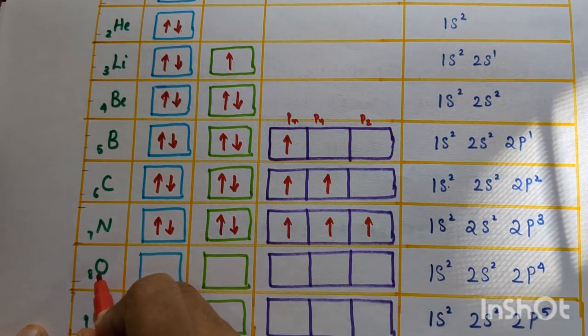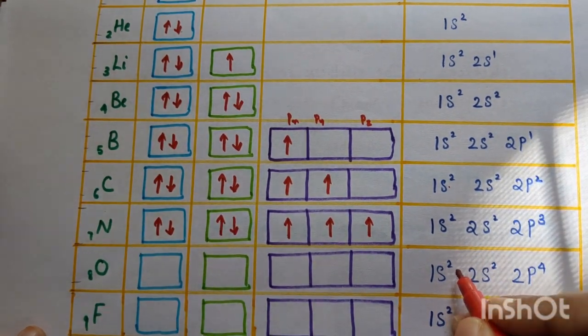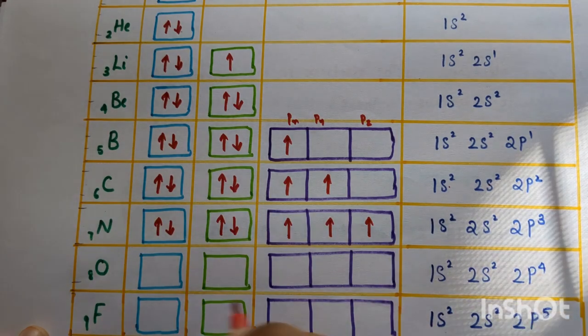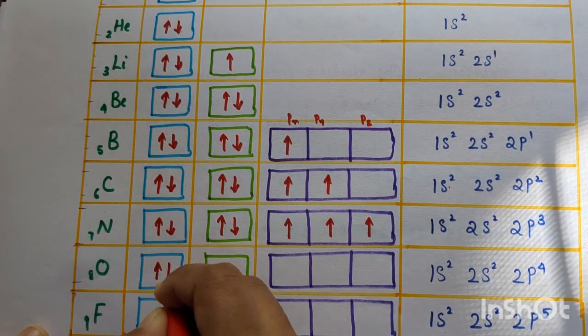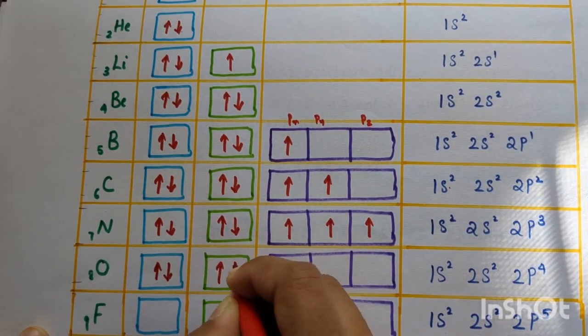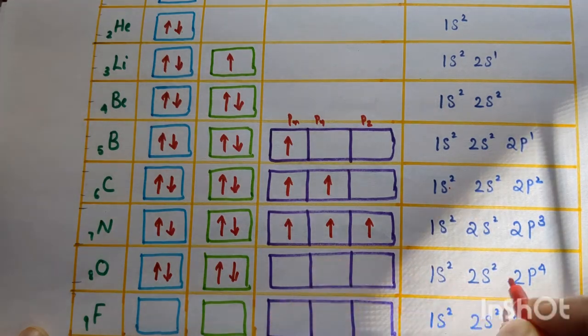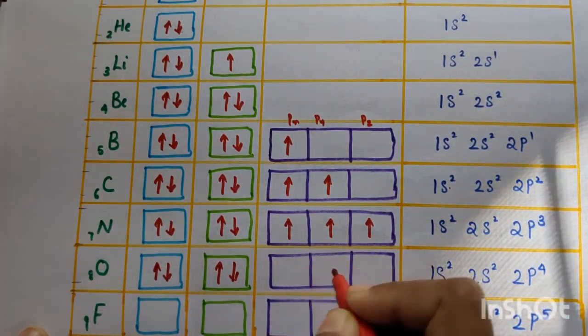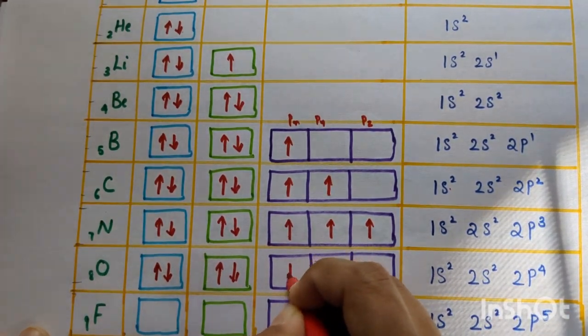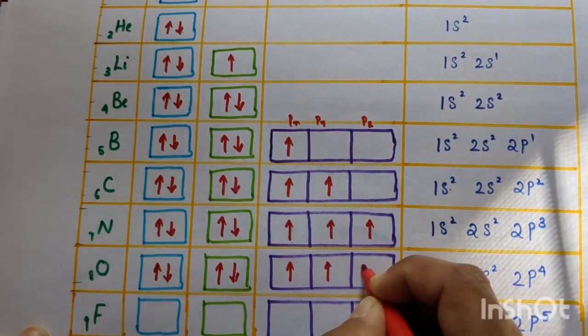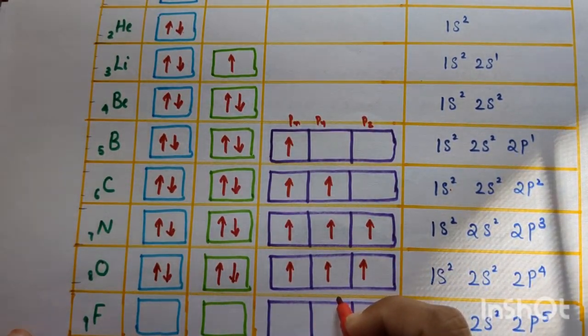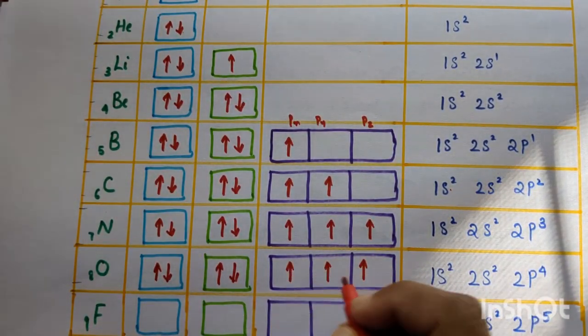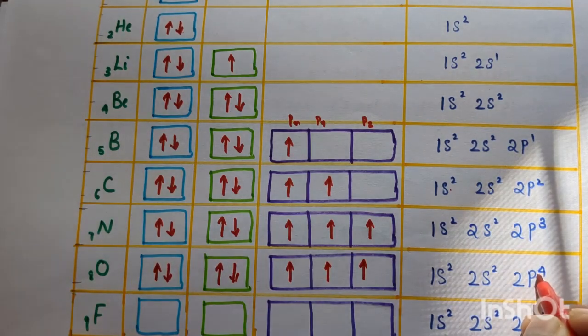Okay, now oxygen, atomic number 8, so 1s2, 2s2, 2p4, 2 electrons in the 1s orbital, 2 electrons in the 2s orbital, then 4 electrons in the 2p orbital. So first they occupy 1 electron per orbital, just like that. Then after that they start pairing up. Here we have 4 electrons in the 2p orbital.